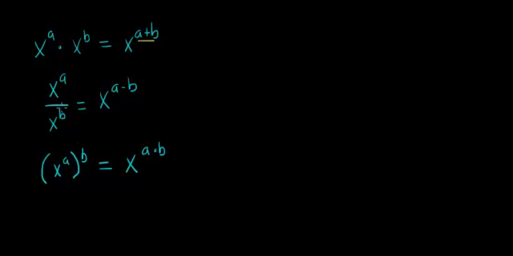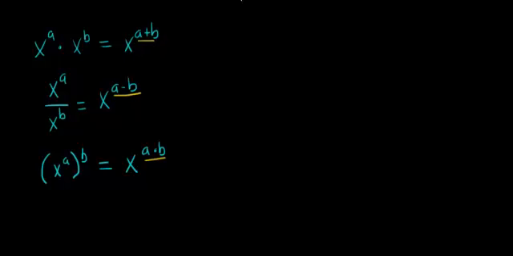When you are dividing like bases, you subtract the exponents. And when you have a base raised to a power and that has an exponent outside of it as well, you multiply your exponential values. So let's take a look at a few examples and see what that would look like.